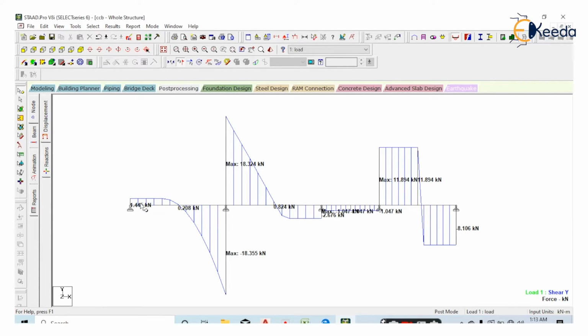Look at the first beam. In first end, there is some shear force of 1.445 kilonewton. At the mid of the beam, there is a shear force of 0.208 kilonewton. The last end of the beam is the maximum shear force of minus 18.355 kilonewton.